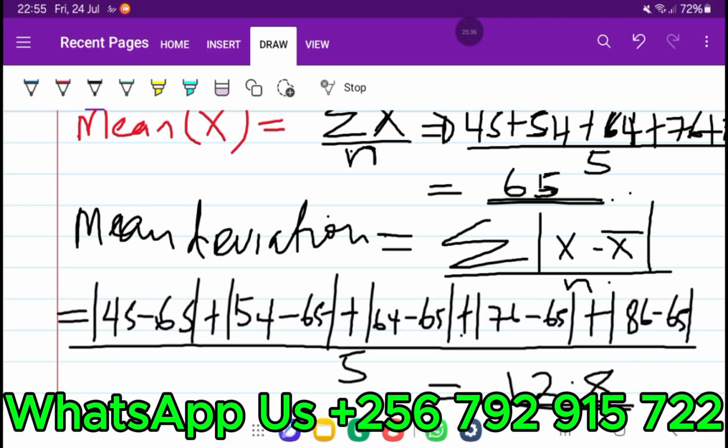That is our mean deviation. Mean deviation of 12.8. Now, if we had maybe frequency for the grouped data, maybe we can have a small question just to show ourselves how we can navigate through.